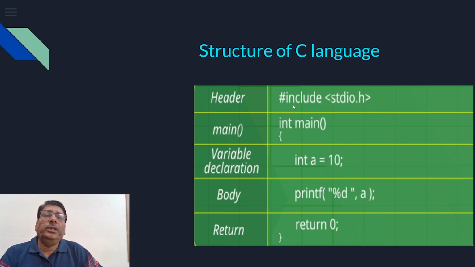So it is compulsory to write a function called main. Apart from main, you can have many other functions in our program, but writing all other functions is not compulsory. Whenever you write any function, you are supposed to write the name of the function, main, followed by open and close parentheses.